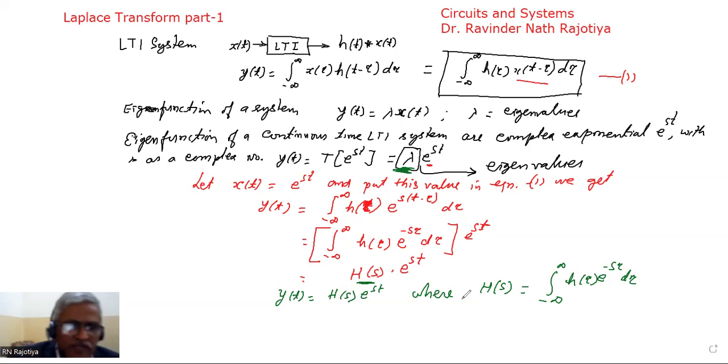This is where we say H(s) can be written in terms of h(tau) e^(minus s tau) d tau.